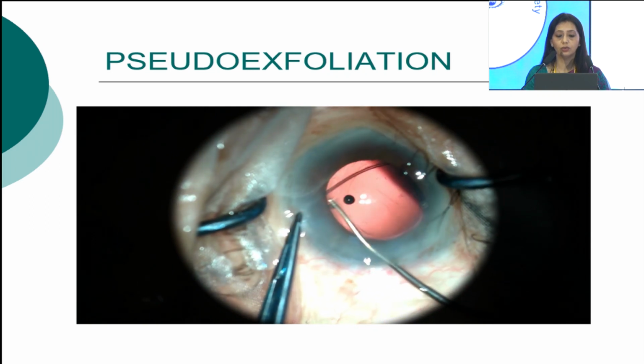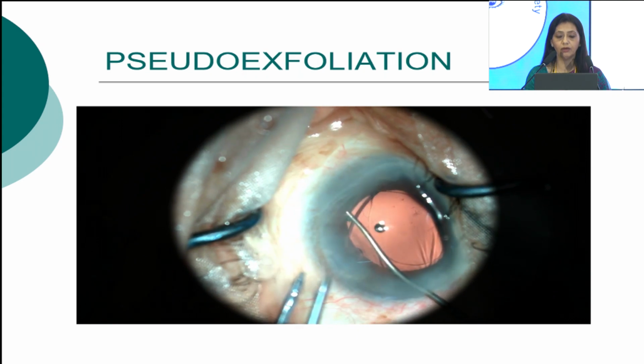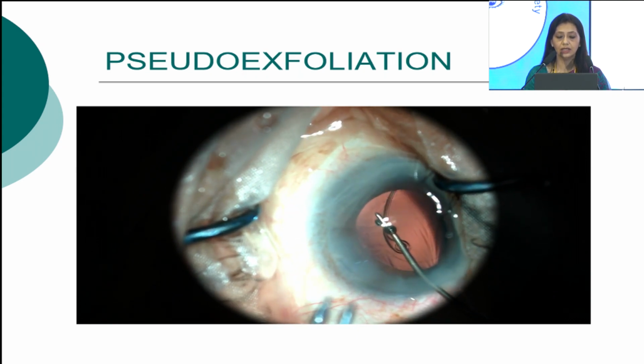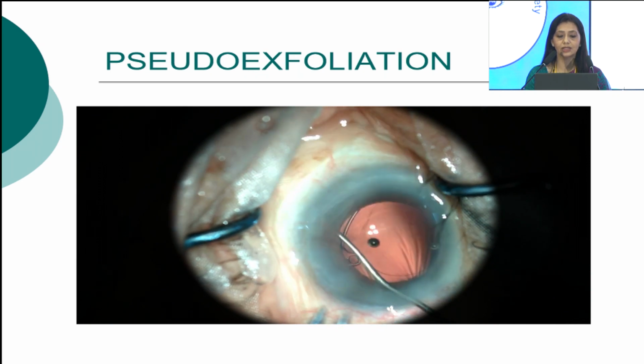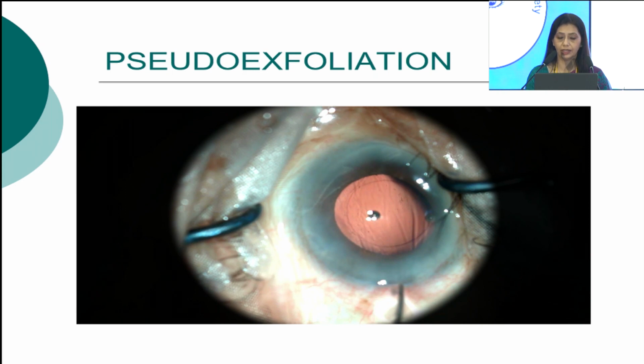So after we do the complete surgery, before we implant the IOL, we have placed a CTR ring, and this CTR ring will lead to a stable bag, and we will have a beautifully centered IOL even in a case of pseudoexfoliation.